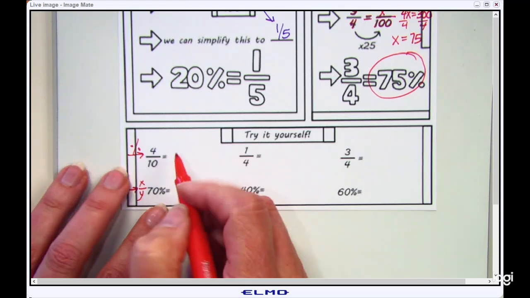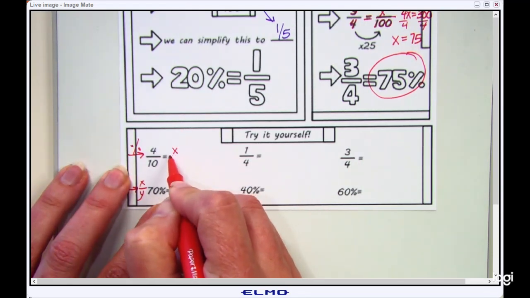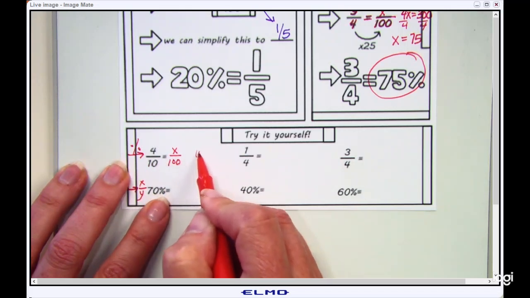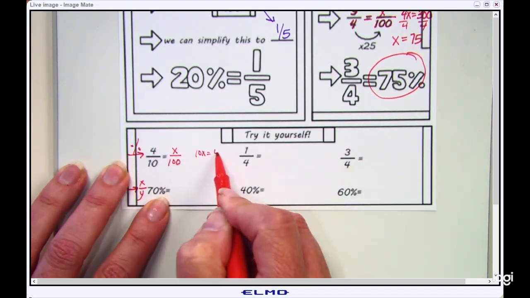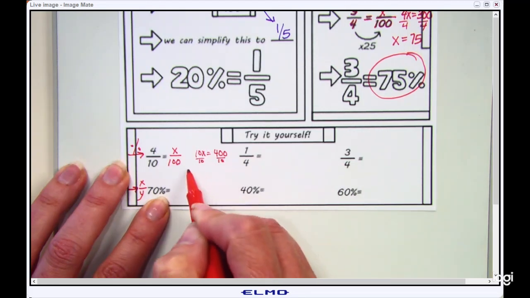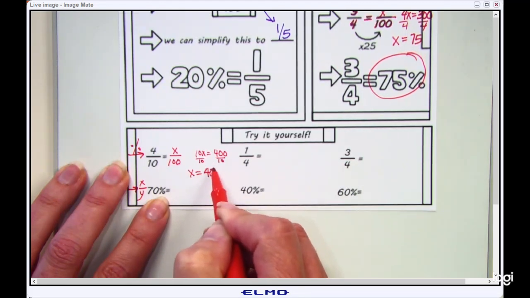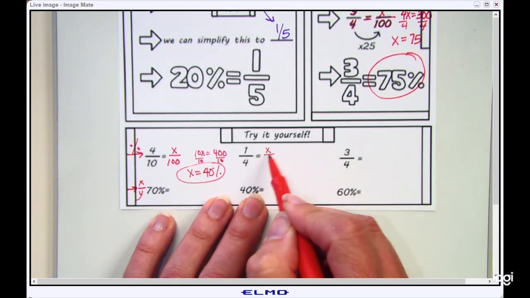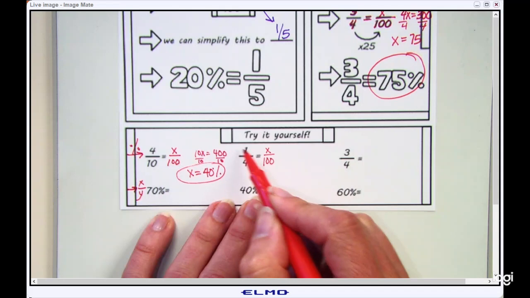All right, so we're just going to put x out of 100. We'll do our cross products. 10x equals 400, divided by 10, divided by 10. X is 40%. All right, set it equal to x out of 100.